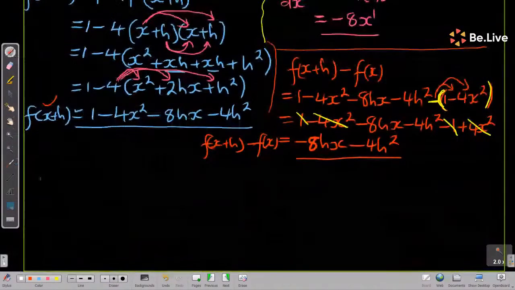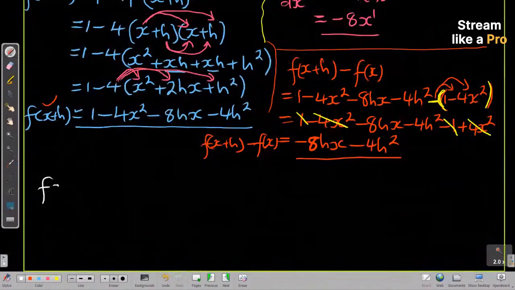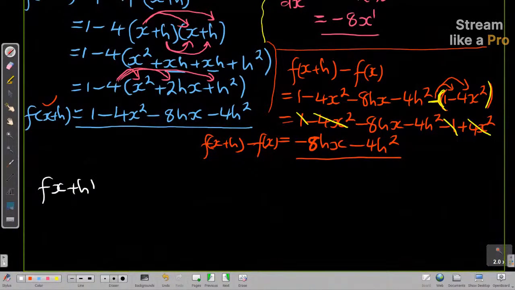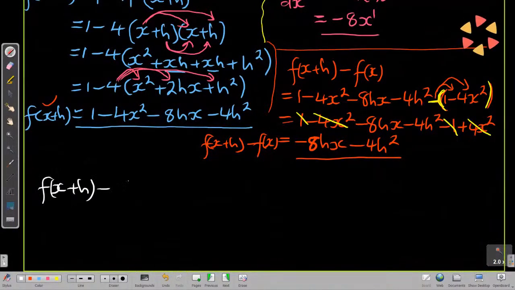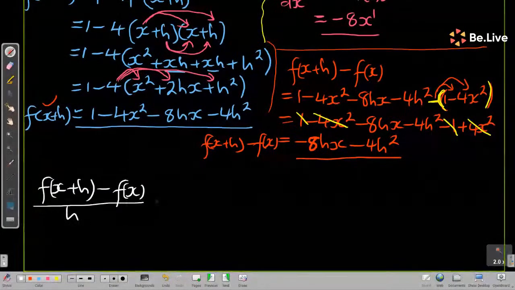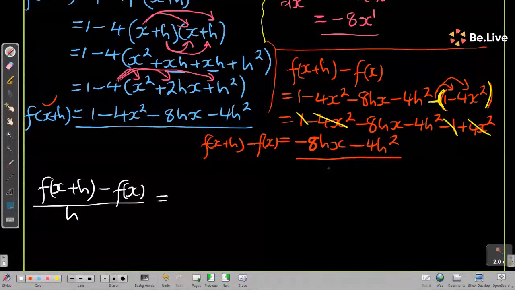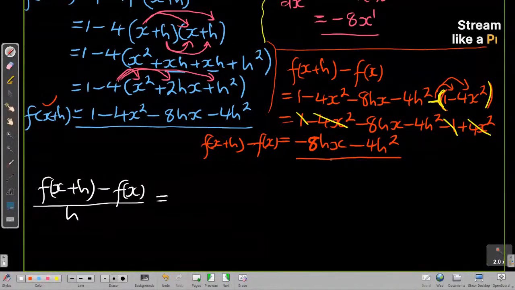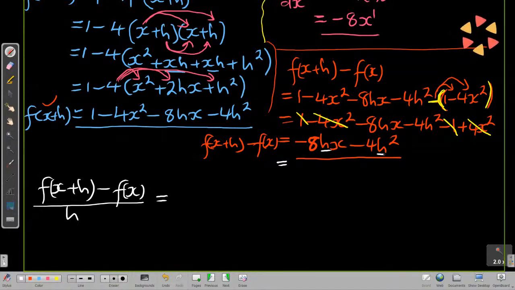I will say my f of x plus h minus f of x on the formula divided by my h is equal to, now if I look at this formula quickly, you can see that if I take out the h that is common, don't focus on the numbers, just focus on the h. Why? Because you want it to match that.